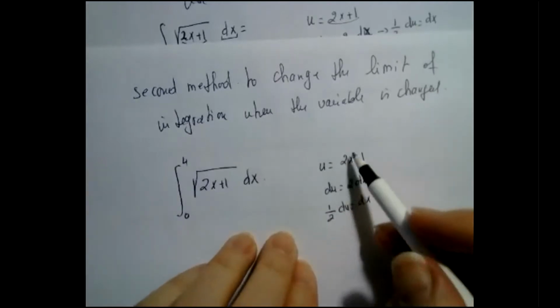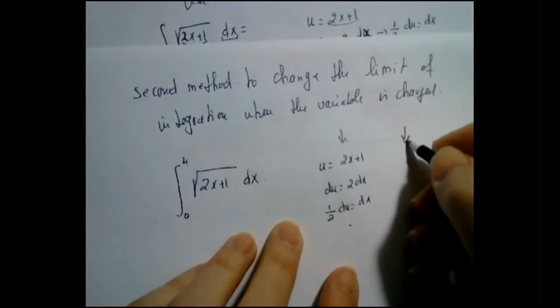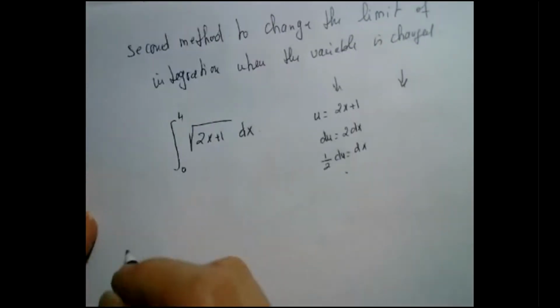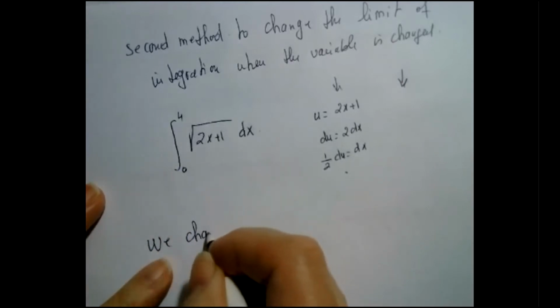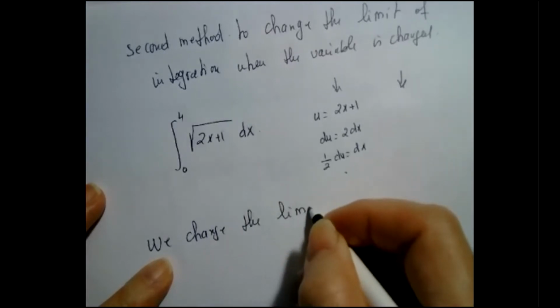But this time, when I change to a new variable, I'm also going to change the limits of integration. What do I mean by that?